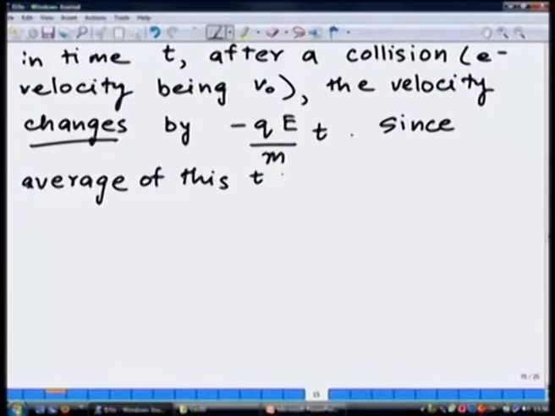So, this is the change of velocity during that time. On average, the average of this time t is tau, the average time between collisions. Therefore, V average is equal to minus q E tau by m e.